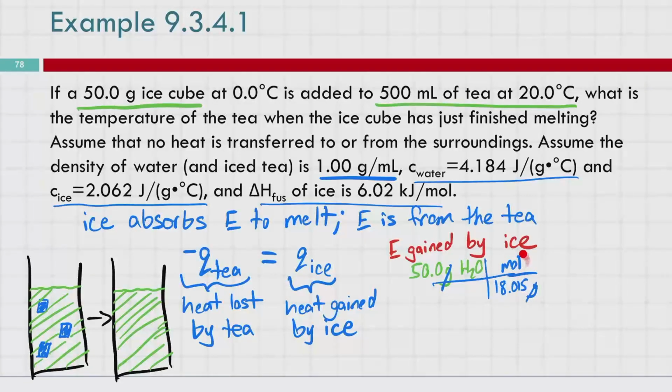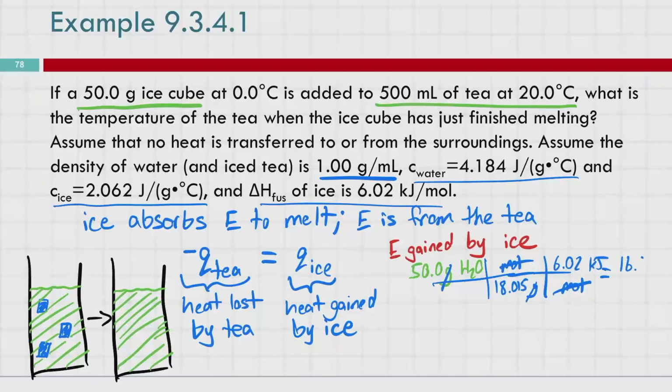So this will tell us how many moles of water we have. And then we can use our delta H of fusion for ice to get the kilojoules. So multiply 6.02 kilojoules per mole. And this is the amount of energy that was gained, or the amount of heat that was gained by our ice.